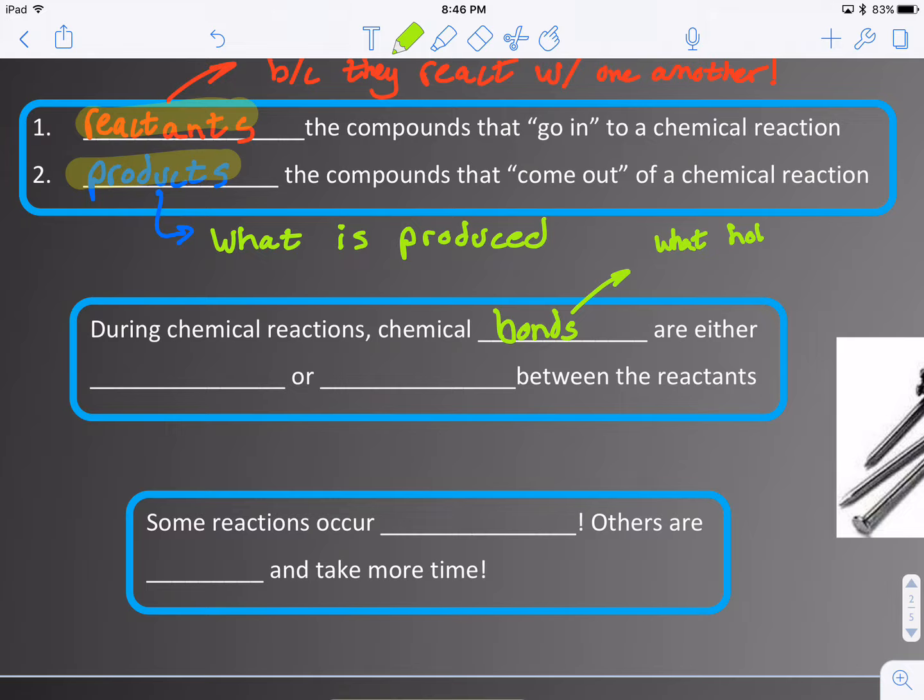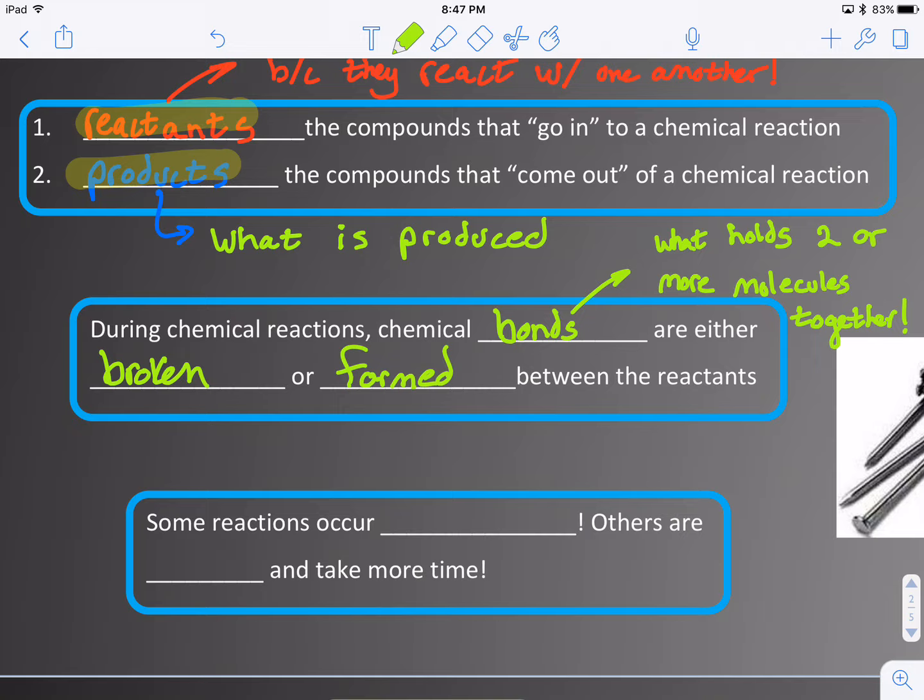All right, that's what a chemical bond is. Okay, and these chemical bonds are either broken between two molecules or they're formed. Okay, and again, this is occurring between the reactants, right? The bonds are either being broken between these two reactants or they're being formed between them.